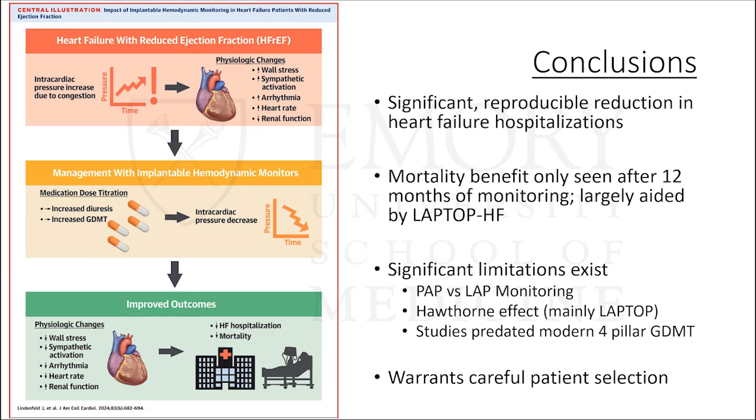Medicare does. Based on the clinical data, and I say this provocatively on rounds sometimes, if you have a stage C patient who's got reasonable renal function and is not stage D and will follow your instructions, there's practically no huge barrier or reason not to think about a CardioMEMS device.